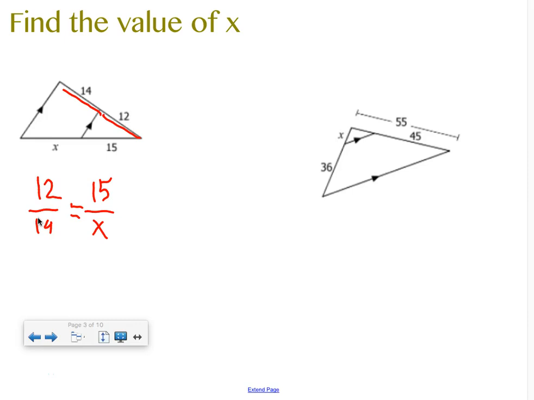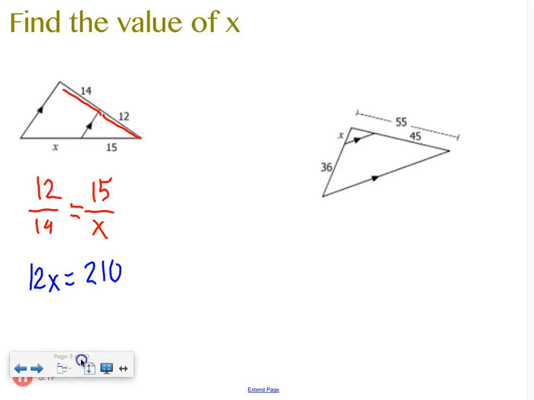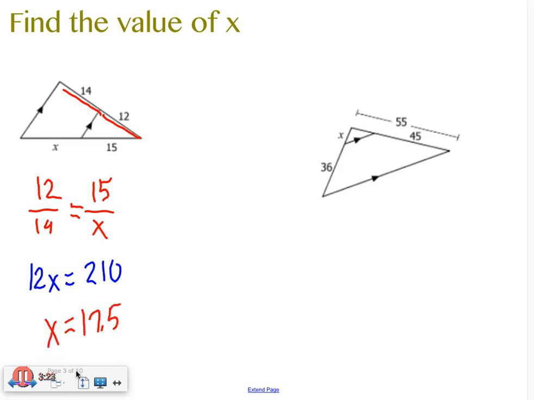And now we can just cross multiply and solve for x. 14 times 15 is what, folks? 210. We divide out, x equals 17.5. That works.